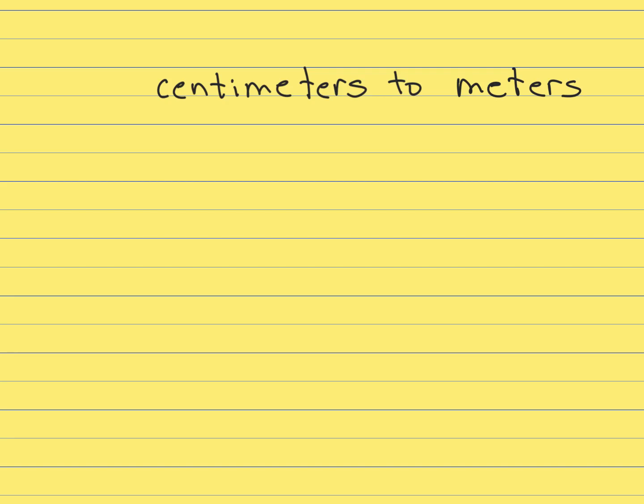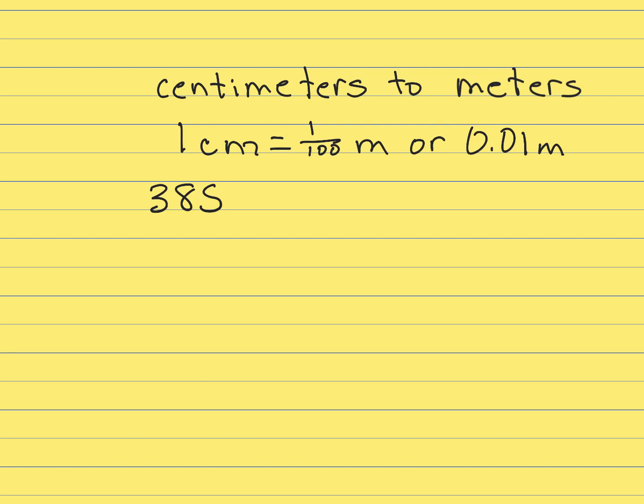Okay, this next one we're going to convert centimeters to meters, and we want to remember that 1 tiny centimeter is equal to 1 out of 100 meters, or we can write it as a decimal, 1/100th of a meter. So if we're multiplying, let's say we have 385 centimeters that we want to convert to meters.